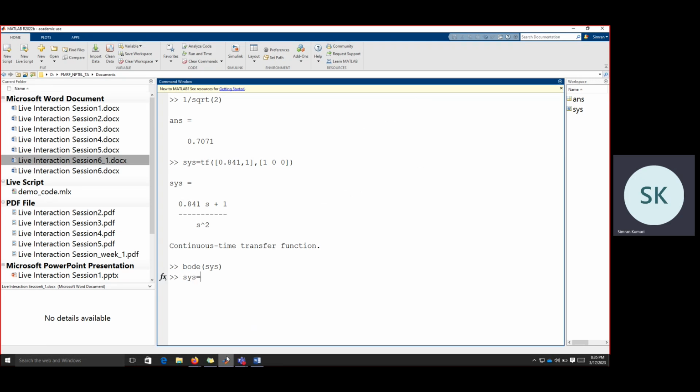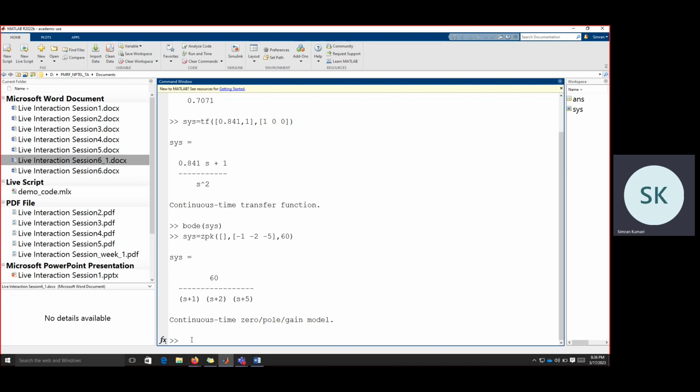This is ZPK: no zeros, then one pole at minus 1, one pole at minus 2, and one pole at minus 5, and we have a gain which is 60.